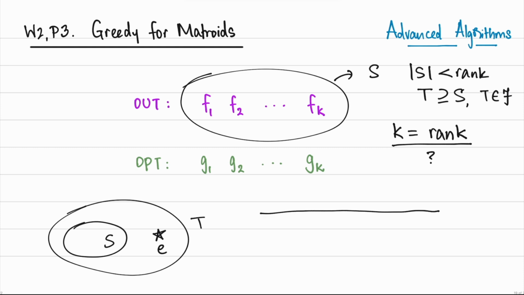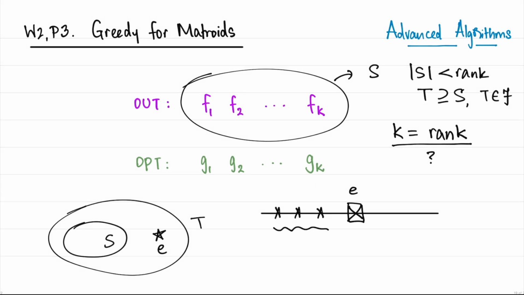When greedy was processing the elements, at some point it must have encountered the element e, and up to this point it had picked up some elements which I'm going to denote by S prime. Notice that S prime is a subset of S, and S prime union e is also a part of the family F by heredity.